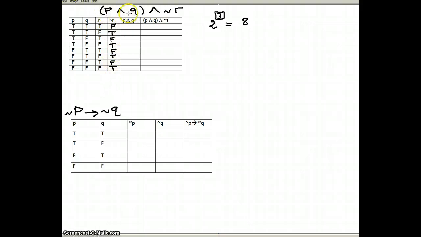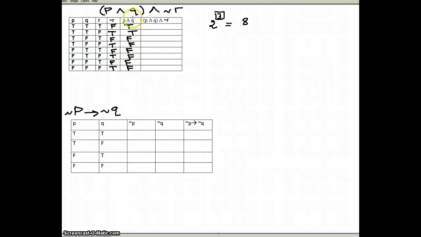Then I look at the parentheses, I have P and Q. As you know, the AND is very strict. Only when it's true and true, I have true. So true and true is true. True and false is false. True and false is false. False and true is false. False and true is false. False and false is false, and false and false is false.